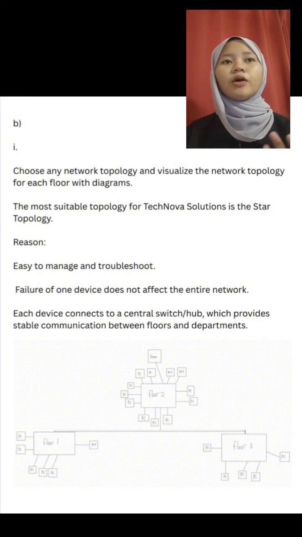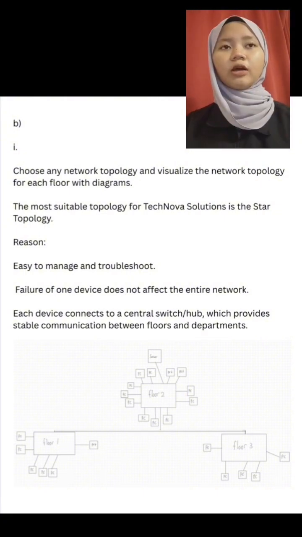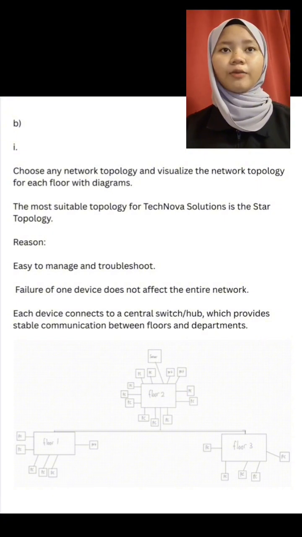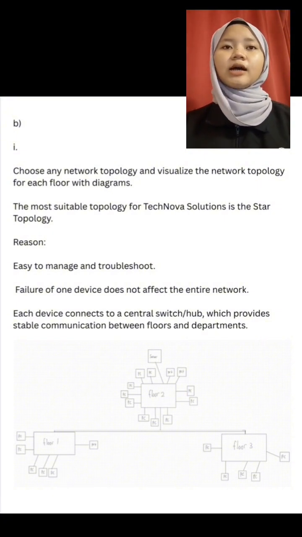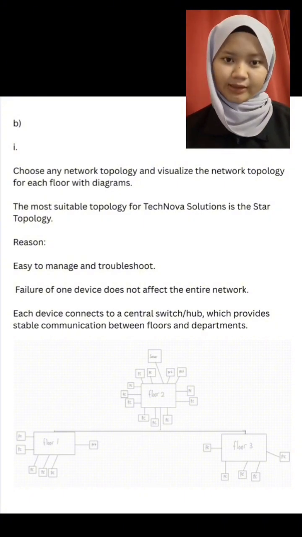Reason: first, easy to manage and troubleshoot. Failure of one side does not affect the entire network. Each device connects to a central switch or hub, which provides stable communication between floor and department.